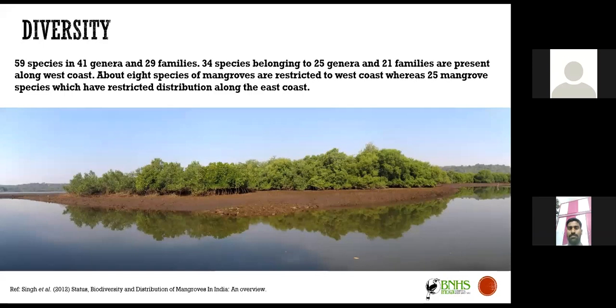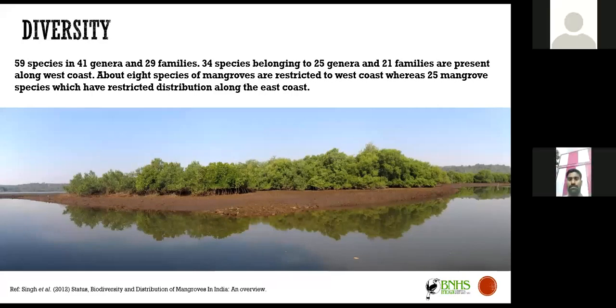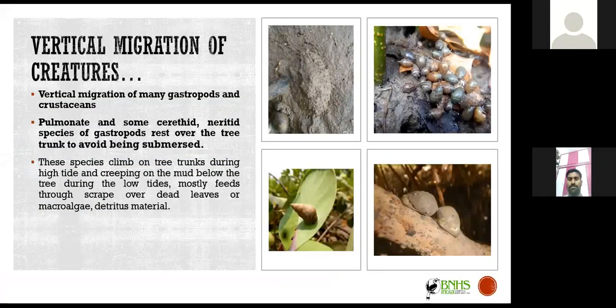There is another interesting fact. There are morphological adaptations to the environment inhabited by these mangroves. The same adaptations, or some interesting facts, you can find in some of the gastropods.